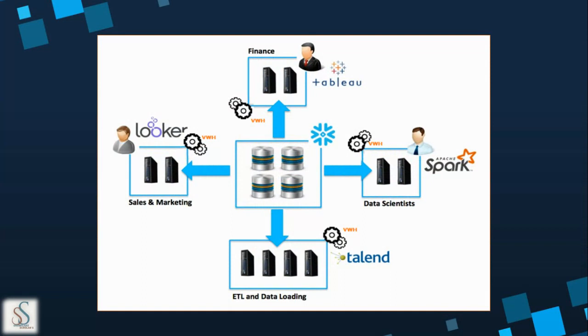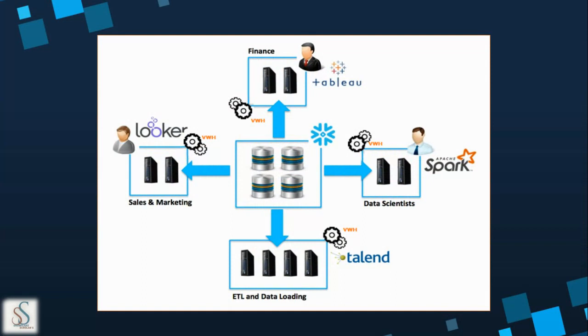Finance need not rely on data scientists, it will have its own hardware to run on. If you look here, VWH are the virtual warehouses, and different tools can start using different virtual warehouses for fetching the data from the database partitions.